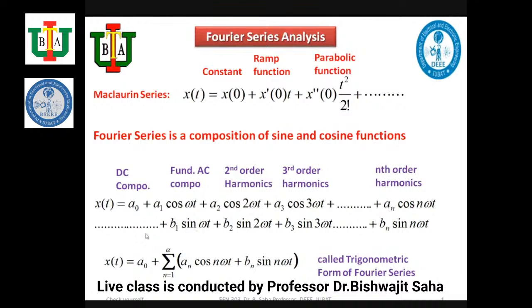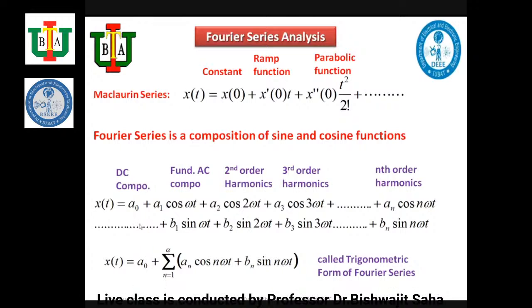That's why b0 does not exist in the series. Is it clear? But here, sir, a0 equals cos 0 degree, which equals 1. That's why a0 exists. Thank you, Shojal. Yes, this is the right answer.